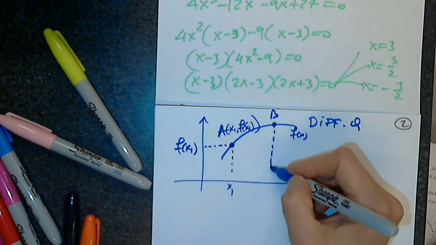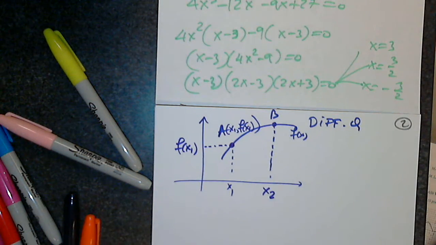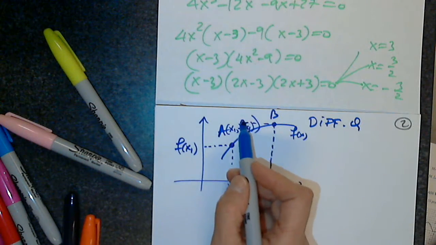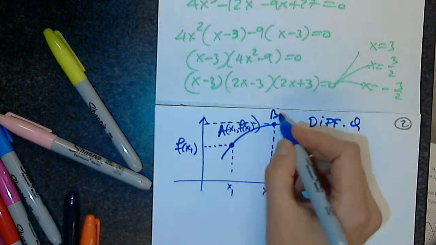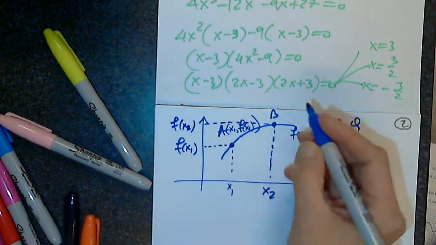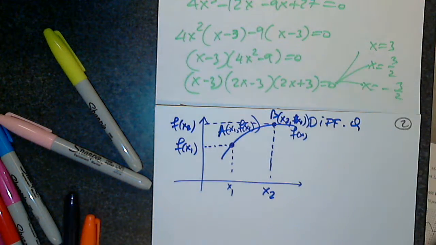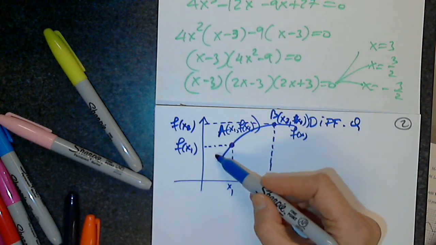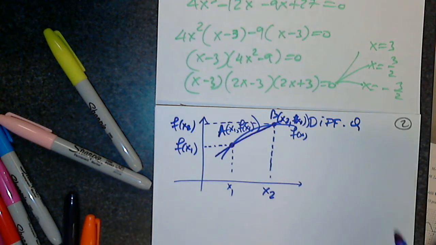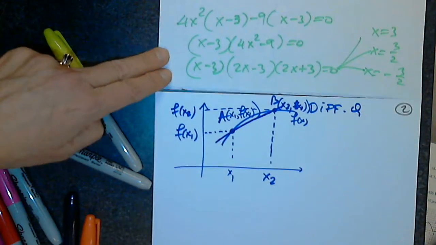Then I'm going to call this x value x2, so obviously this will be f of x2. So this is x2 comma f of x2. I would like you to give me the slope of the line passing through these points.